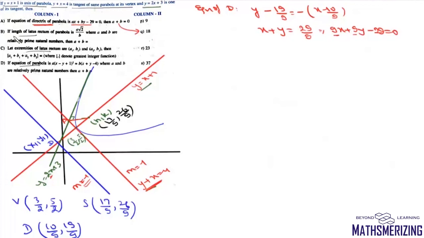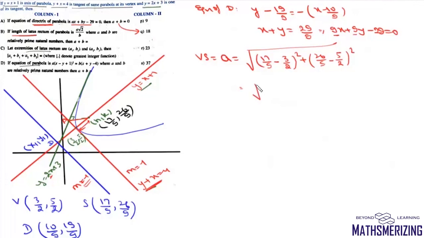Now for the second one, we need to find the length of latus rectum. We know that the distance between vertex and focus is equal to a. So we'll find this distance VS, which is a, and it is the square root of (17/9 minus 3/2) squared plus (26/9 minus 5/2) squared.